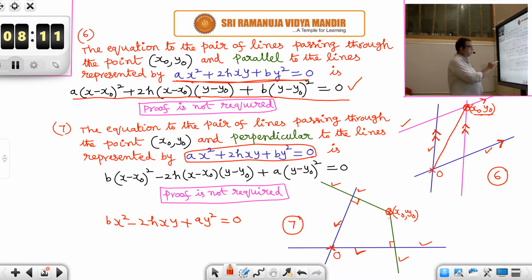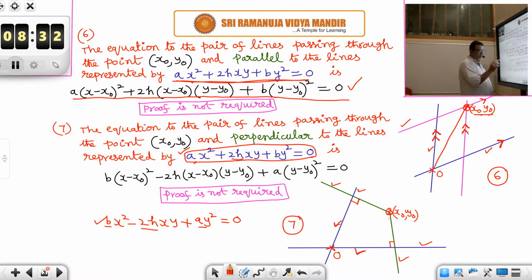So the answer to the seventh question can be obtained in two steps. First, take the given equation ax square plus 2hxy plus by square is equal to 0. Interchange a and b, b here, a there. Change the sign of xy coefficient, so minus 2h.